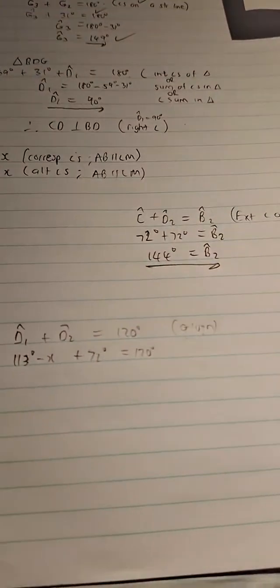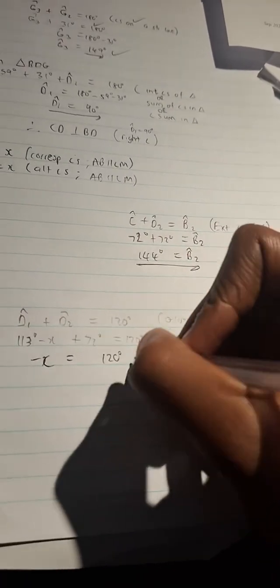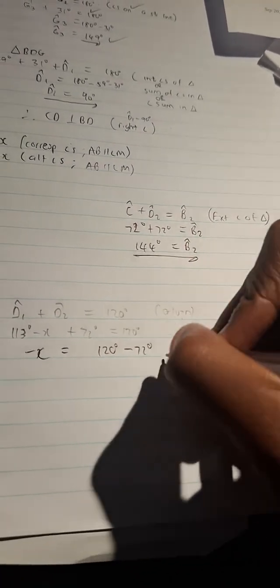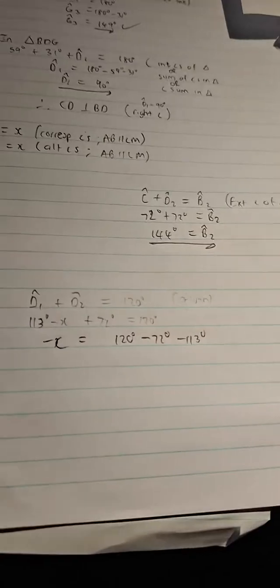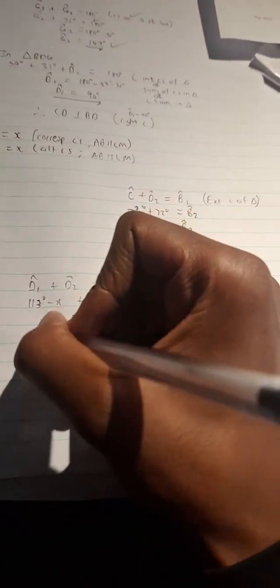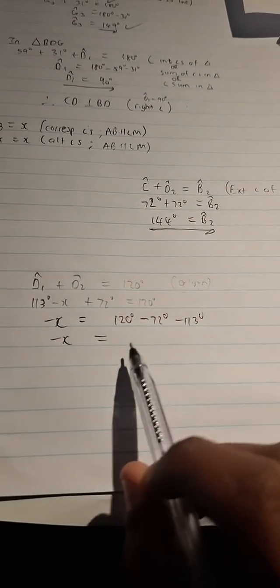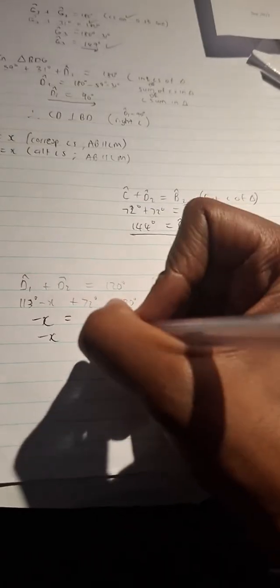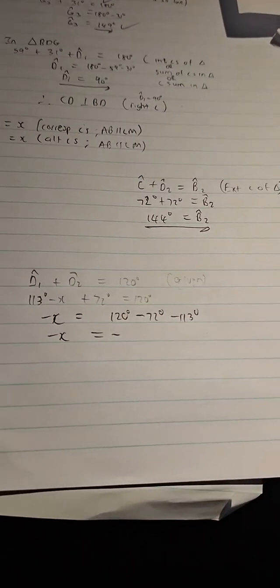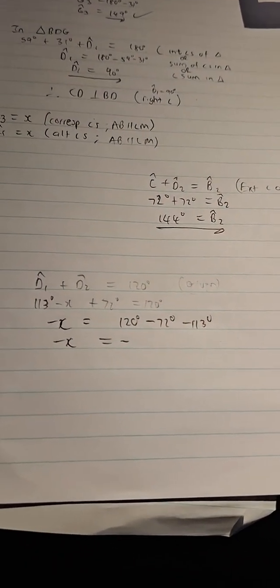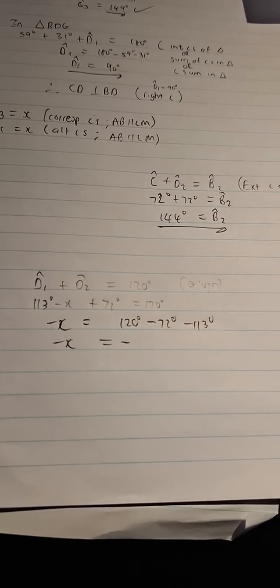So let's go and solve nicely. Negative x is equal to 120 minus 72 minus 113. Let's go ahead and solve, guys. You just subtract all of this and then you tell me the answer. There should be a negative something. Come on, go ahead. I trust you. You guys can help me out.